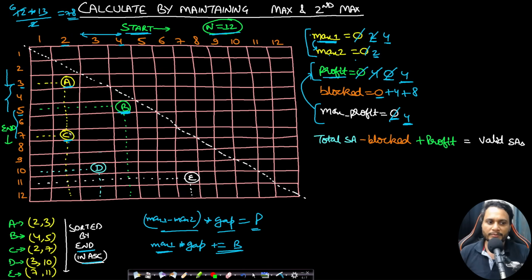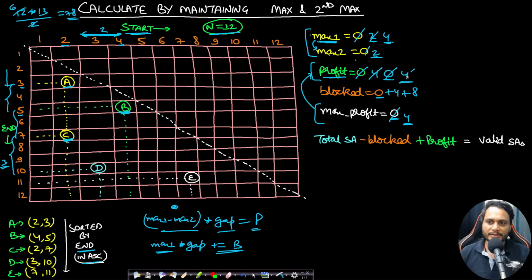When we calculate B with respect to C, then we just added these two cells as the profit. Now when we reach C, then I will be adding these cells as profit as well. Okay, how do you do that? Again, you subtract max 1 minus max 2, which is 2. 2 is the gap here. The gap with the next cell 10 minus 7 is 3. So 3 times 2 will be 6.